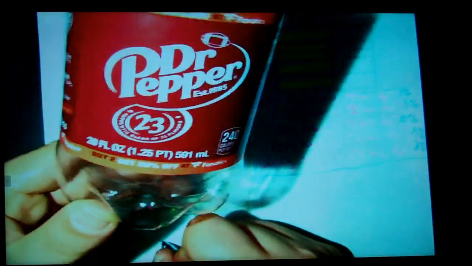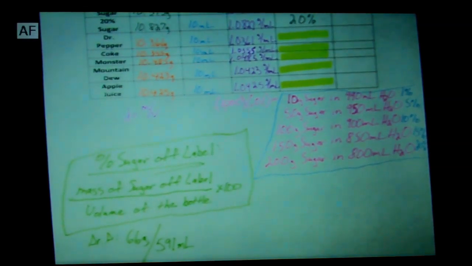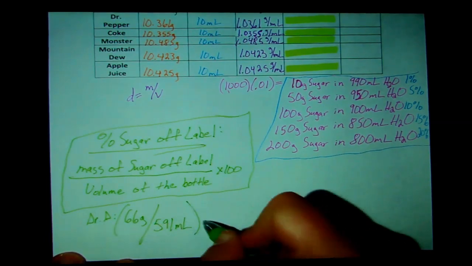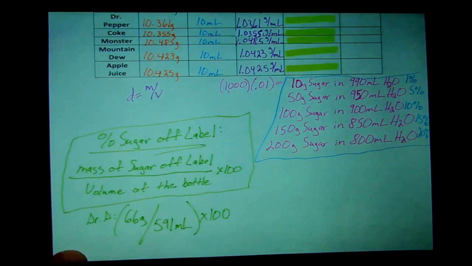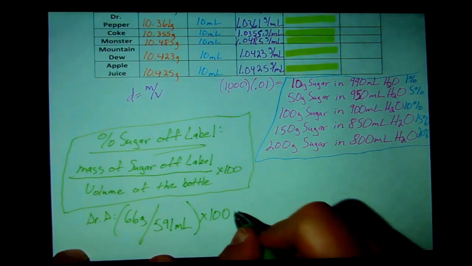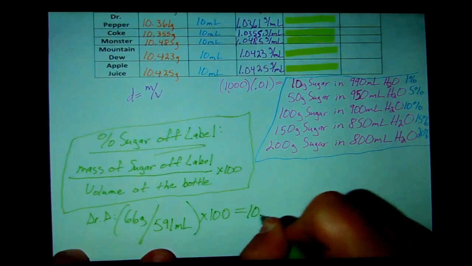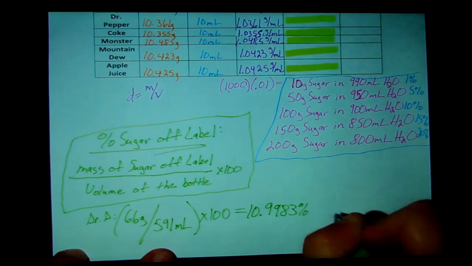So divided by 591 milliliters, and you will multiply that by 100. That whole quantity is getting multiplied, okay? You're not just taking that 591 multiplied by 100. If you do, you're going to end up with some problems. And you should get 10.9983% sugar.